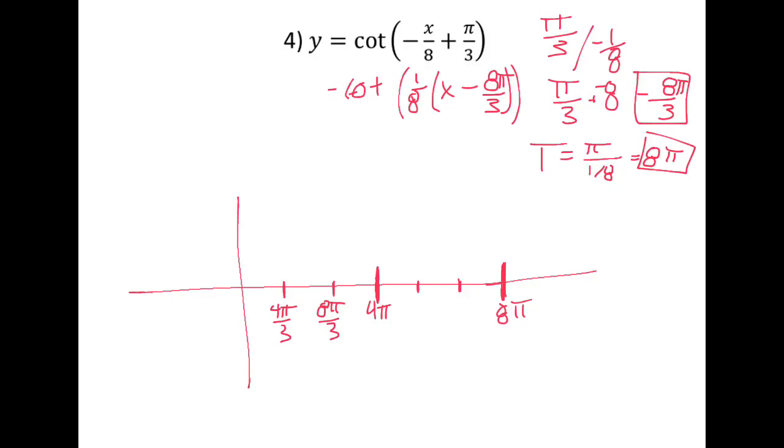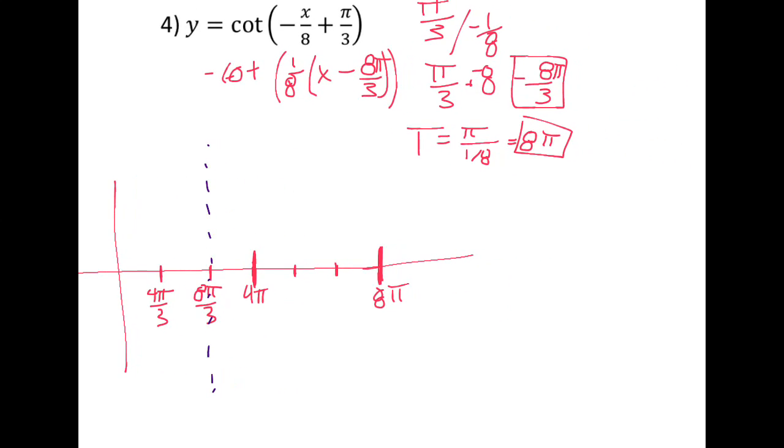And let's start and see what we can do. Well, cotangent, again, starts with an asymptote. So I need to have an asymptote at positive 8 pi over 3. So there's my first asymptote. And one full period away, I need to have an additional asymptote. So I'm going to extend these axes out to the right.